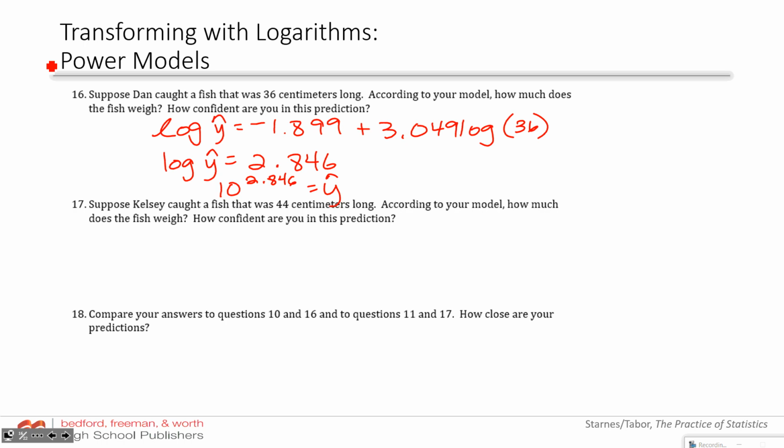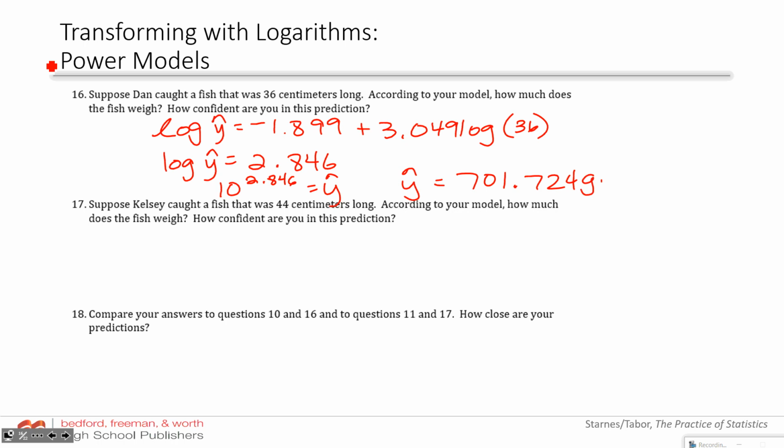This is one that you are going to need to do. You are going to be able to solve an equation like this for y. So if I raise 10 to the 2.846, my y hat value equals 701.724, and these are measured in grams.